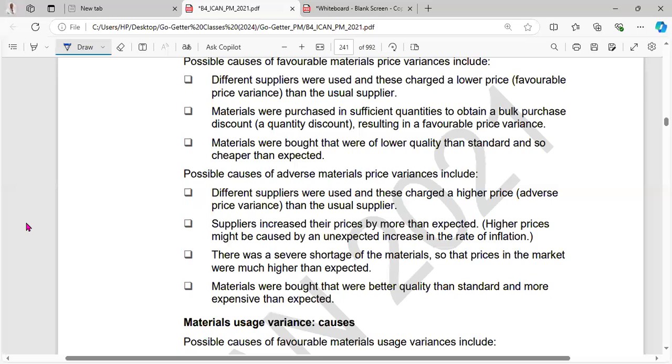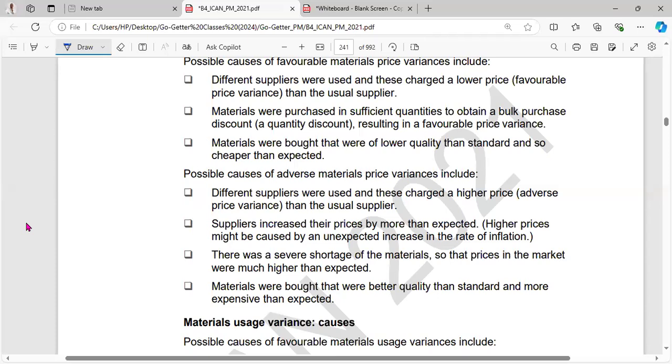Maybe you were having issues with your supplier. Your supplier is not usually delivering at the time that you want, maybe makes you miss your deadlines and all that.